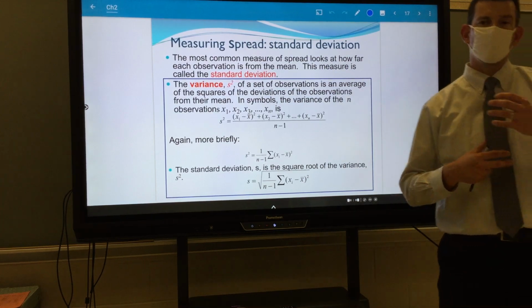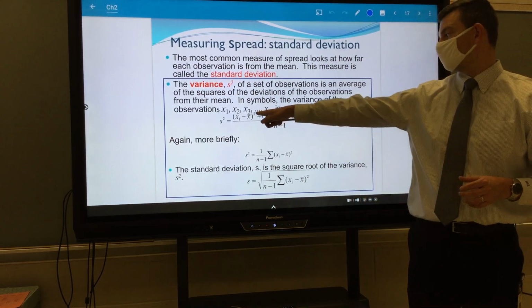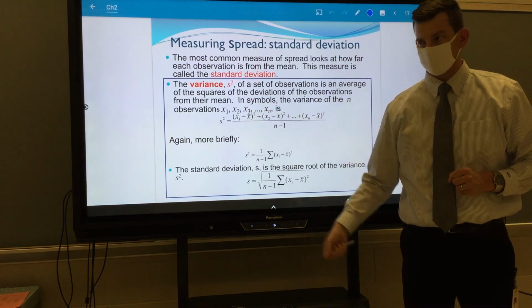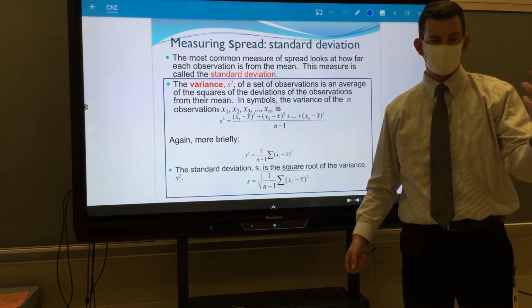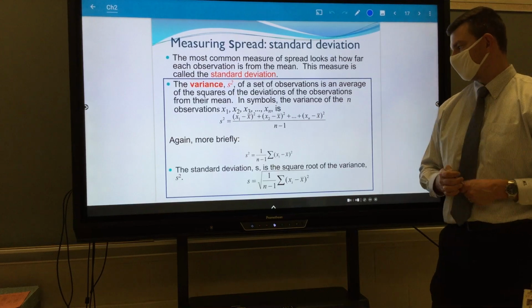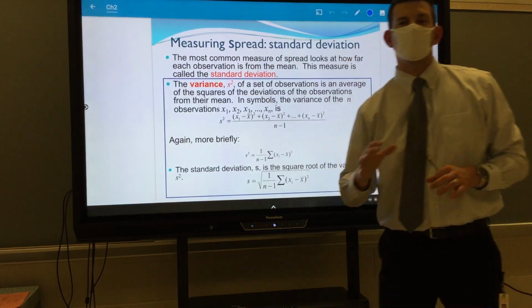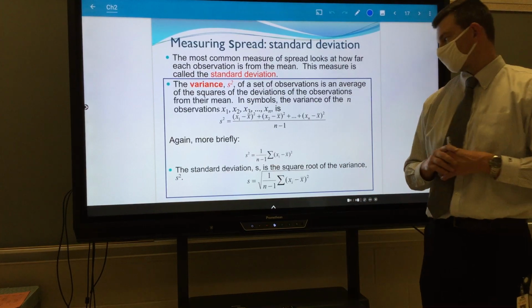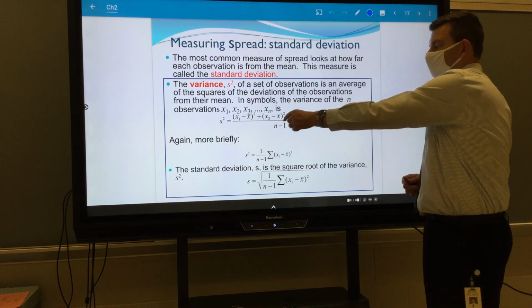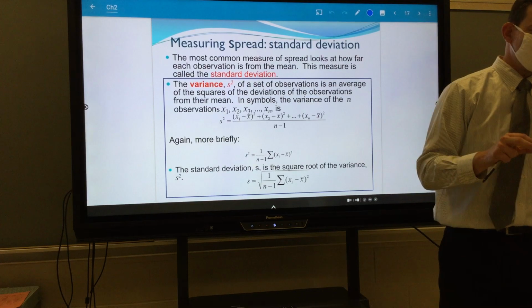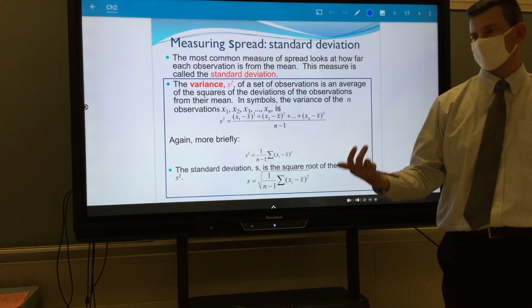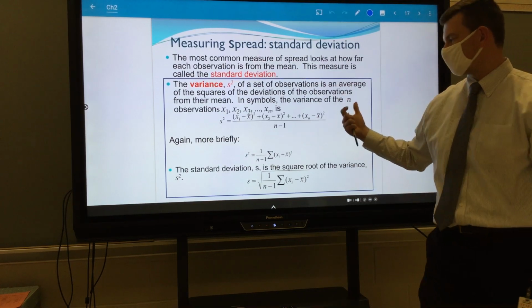We want to turn them all positive, so we are going to square each of those differences. You know that a negative number squared is positive. And because this is essentially the average distance away from the mean, we're going to be dividing by not n, the number of items in the set, but n minus 1.